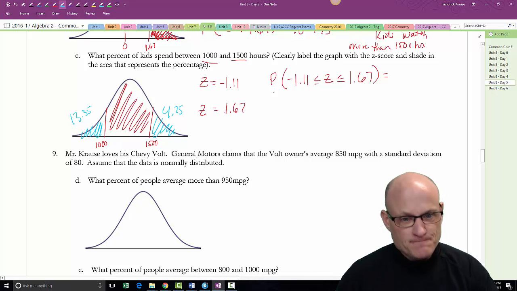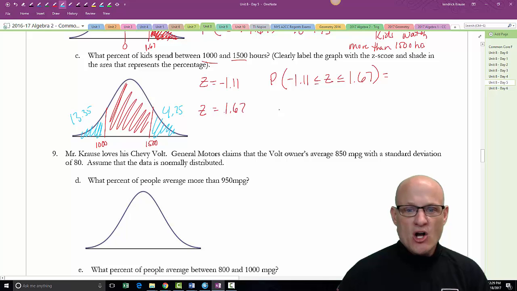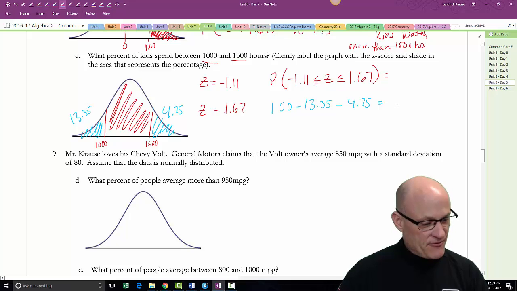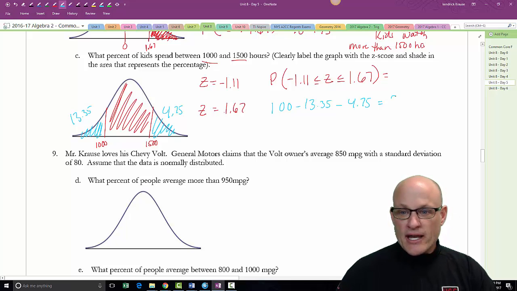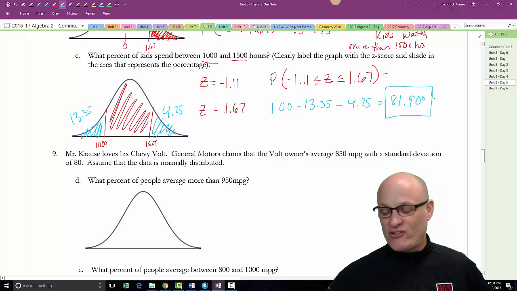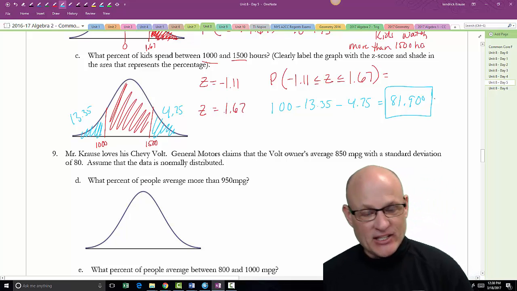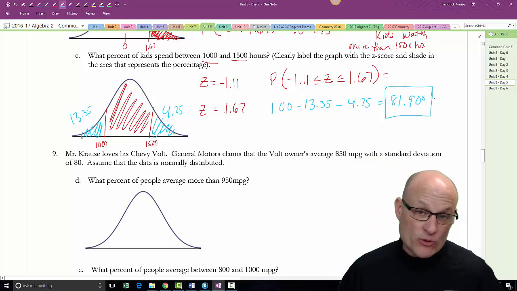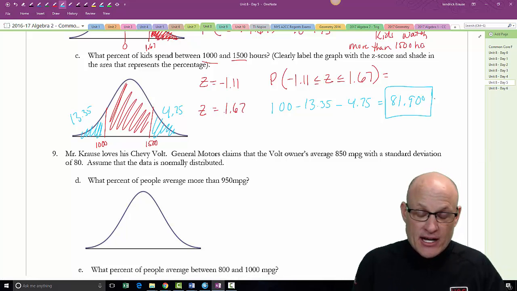Still 100%, then all I've got to do is take 100, subtract off the 13.35 I already found, subtract off the 4.75 I found, and I find out that is going to be 81.90%. So 81.90% of kids watch between 1,000 and 1,500 hours.